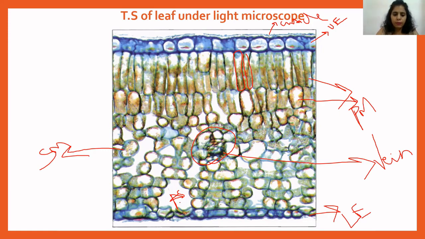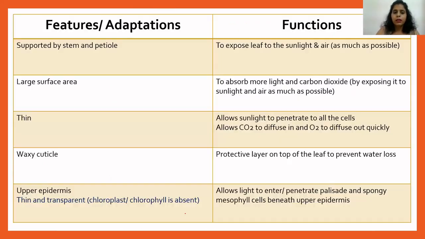One very important part I forgot to tell you: this one is stomata. Stomata are openings present on the lower surface of most plants. In some plants, stomata are also present on the upper surface, between the cells of upper epidermis. The function of stomata is to help in the exchange of gases. I'll tell you further.